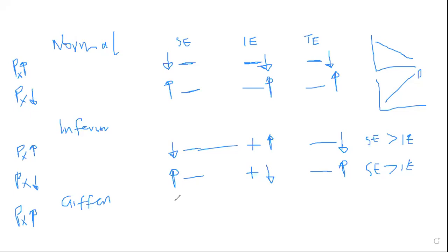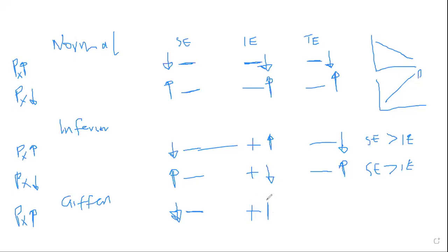substitution effect will lead to a fall in quantity. So it's negative, right? But the income effect is positive for a Giffen good.